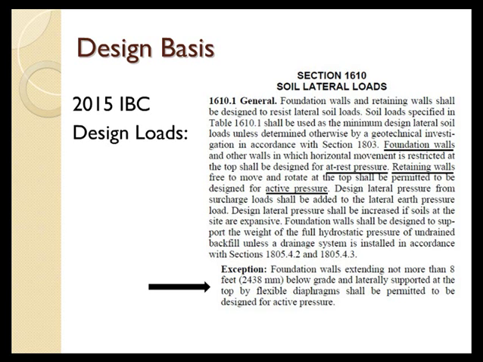Now, I'm often asked, what's the genesis of this exception? And a lot of it's anecdotal, a lot of it's historical, based upon just the field performance of similar types of foundations supported by light frame or flexible diaphragm types of construction that have historically been designed for these active earth pressures, have performed very well, and hence the genesis of this exception specifically.